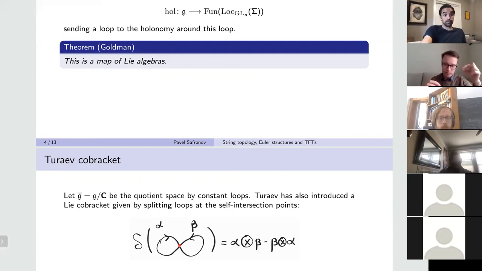You have a loop α on the left, a loop β on the right. And you can define an operation from Ĝ to Ĝ ⊗ Ĝ, which basically splits this figure 8 at the intersection point. So you can define δ of this figure 8 to be α ⊗ β minus β ⊗ α. Again, there are some signs coming from the intersection and how exactly you separate the two loops.